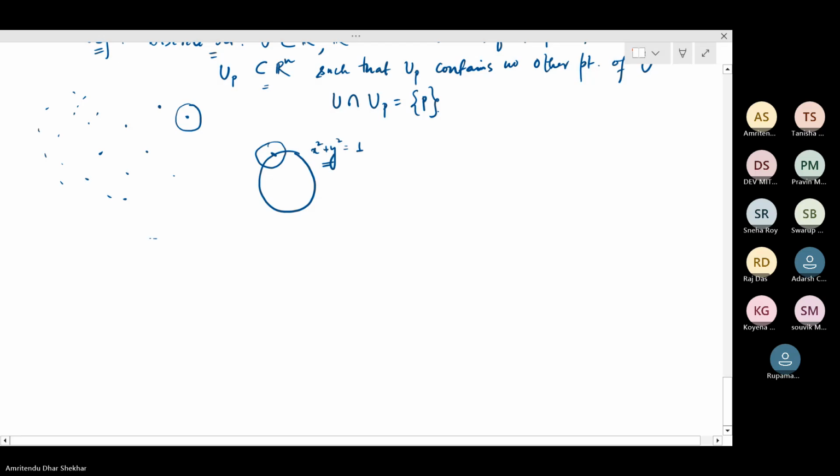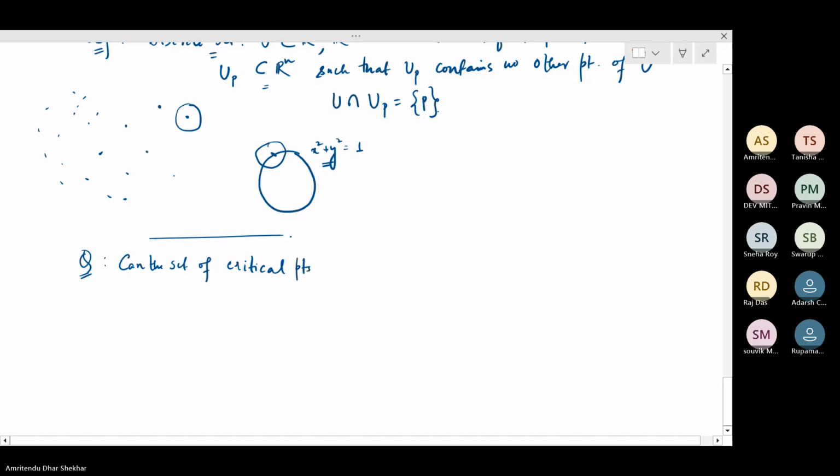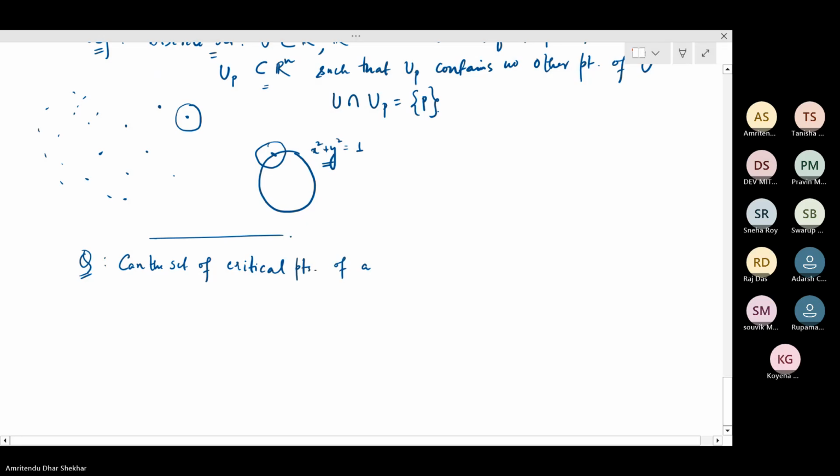So the question is: can the set of critical points of a function not be a discrete set?